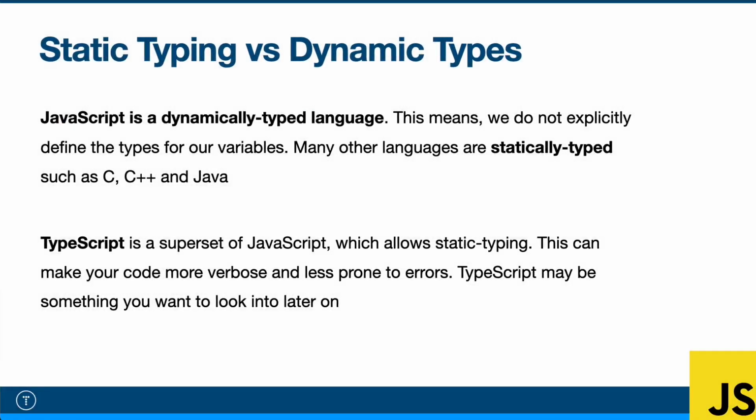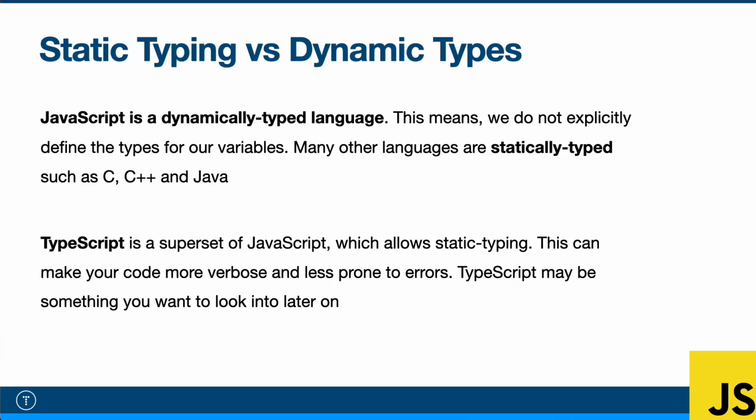Now, in programming, you have something called static typing or statically typed, and you have dynamically typed. JavaScript is a dynamically typed language, and what this means is that we don't explicitly define the types for our variables. So if I say const name equals Brad, I don't have to put const name string equals Brad.